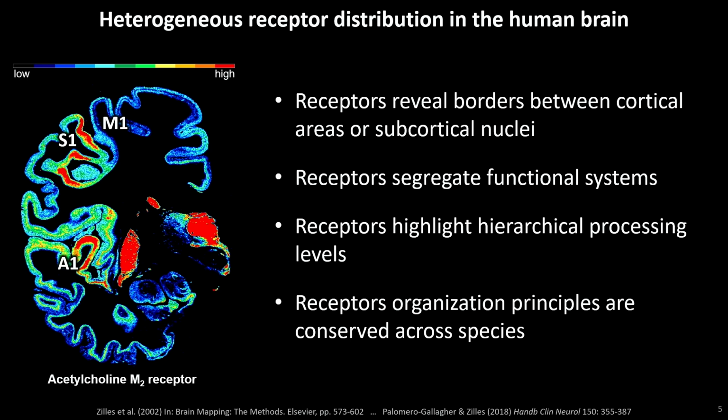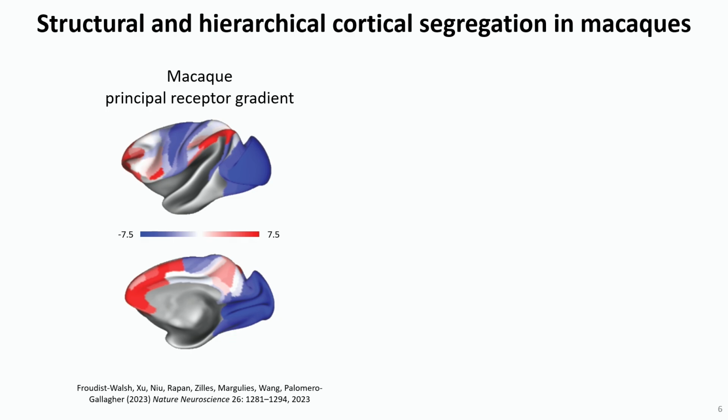The nice thing, in order to enable translational neuroscience, is that these principles don't just apply to the human brain, the species that we used to define these principles, but are conserved across species. That's shown beautifully in this study, which we performed with Sean Froudist-Walsh, in the macaque monkey brain.